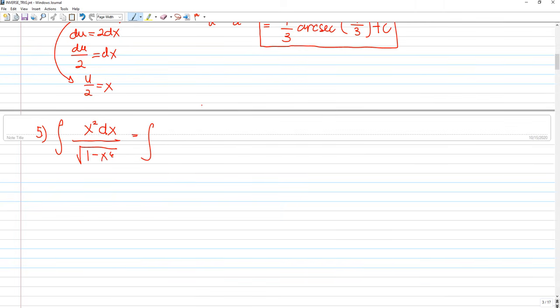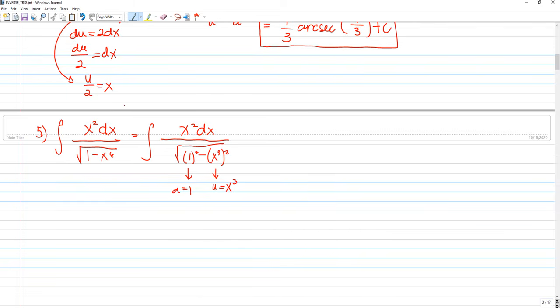So again, we have x squared dx over square root of 1 squared minus, by laws of exponent, x cubed squared. So x cubed squared is equal to x raised to 6, so that our u would be x cubed and our a would be 1.